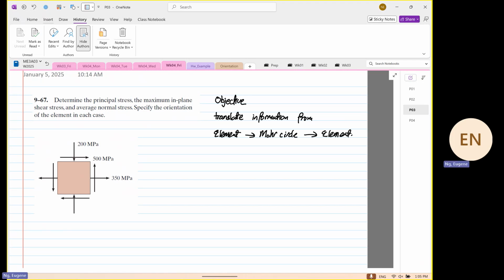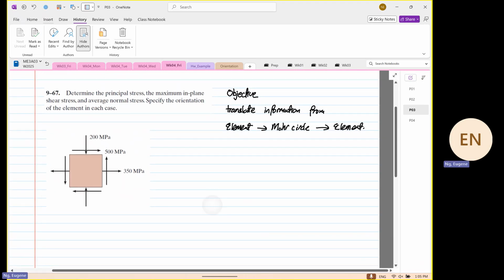Into the element. Because the element is the real world. Yes or no? What you saw earlier is all based on the element. We relate with Mohr circle. Are we clear? Okay.